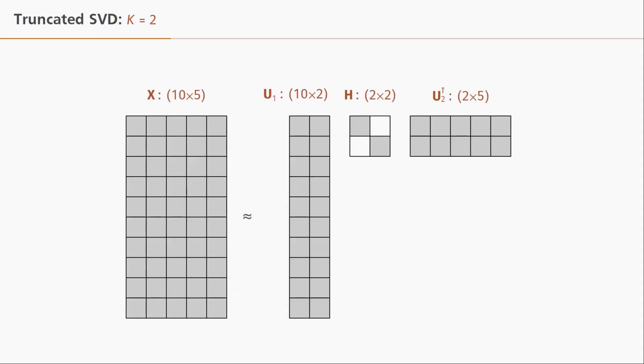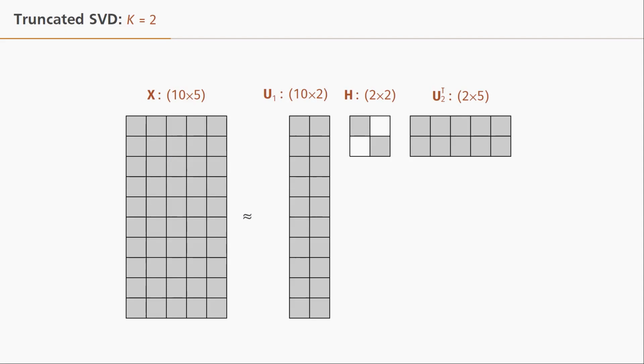Just to avoid complications. So this is the standard plot here. If we have our data as a 10 by 5 matrix, and we have a two-dimensional PCA or SVD with 2 factors, then U1 is a 10 by 2, 2 by 2, and 2 by 5. We all know that.